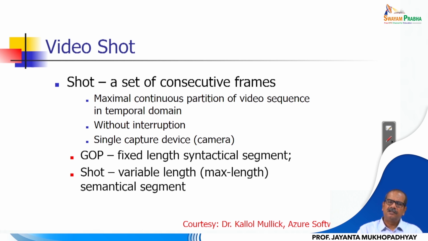Not only that, when a particular scene is being captured by a single camera, the camera parameters may also change. One can rotate the camera, one can sweep the camera for taking the panoramic view of a particular scene in a video, or one can perform a zoom in or zoom out operation on the same camera.